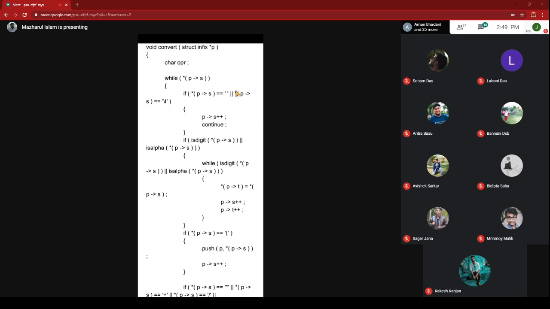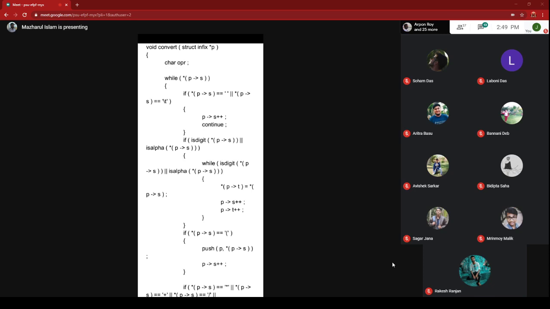For this, the isdigit and isalpha functions are there. Within them, star p arrow s retrieves the current character of the infix expression.